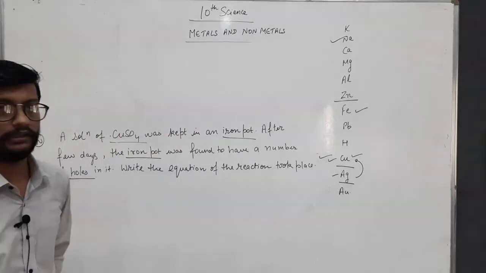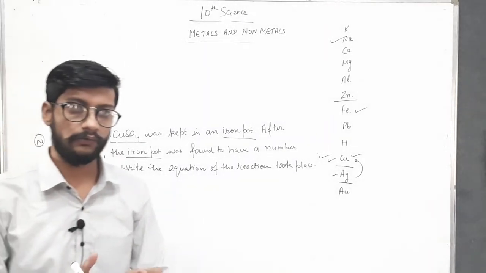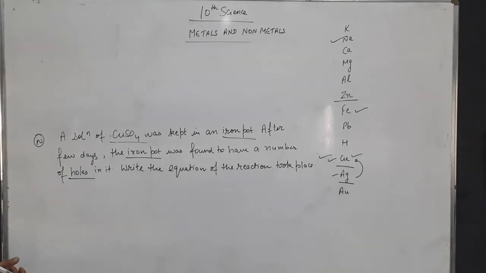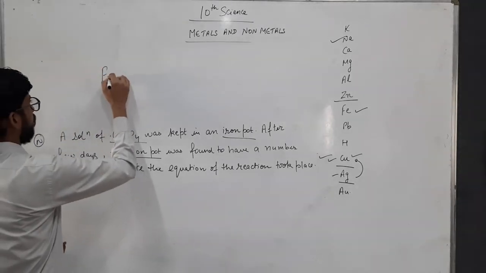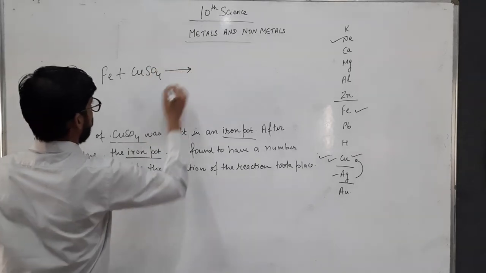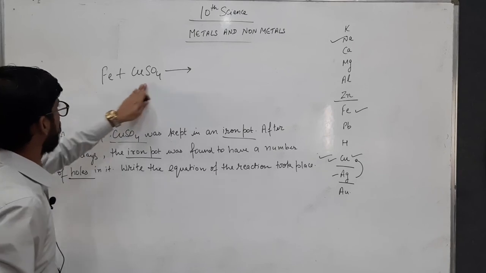After some time you will see that there are tiny pores created on the outer surface of the pot. So what happens then? It means a chemical reaction is taking place between iron and copper sulfate. So iron is reacting with the copper sulfate solution. So a chemical reaction will take place.